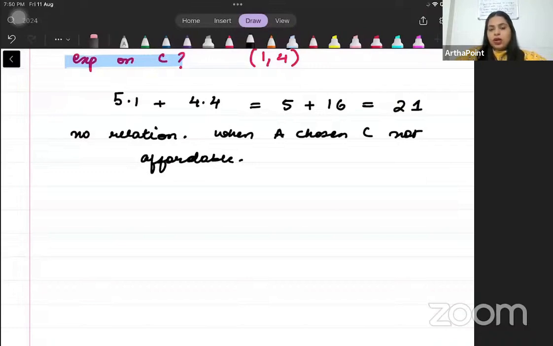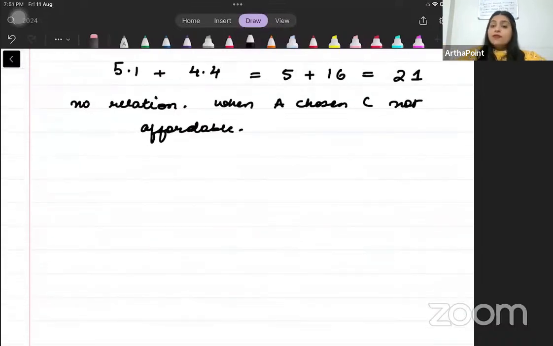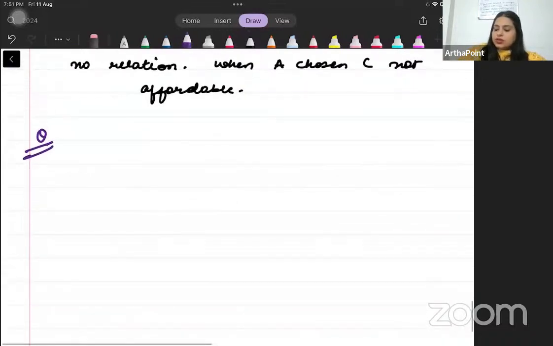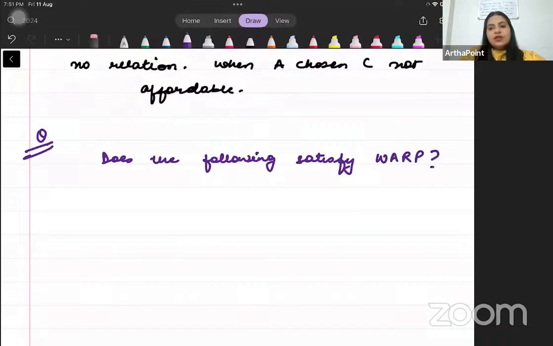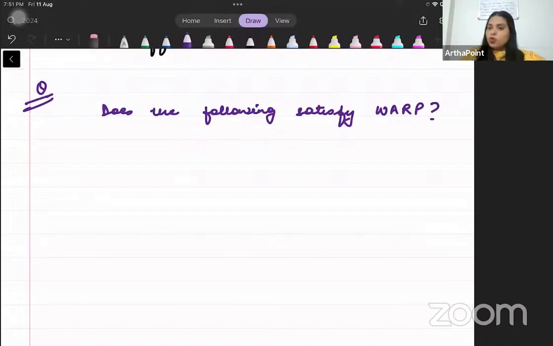Now, let us move a bit forward and let us take a full-fledged question. So suppose I tell you, does the following satisfy WARP? And I have given you two prices now and two quantities.